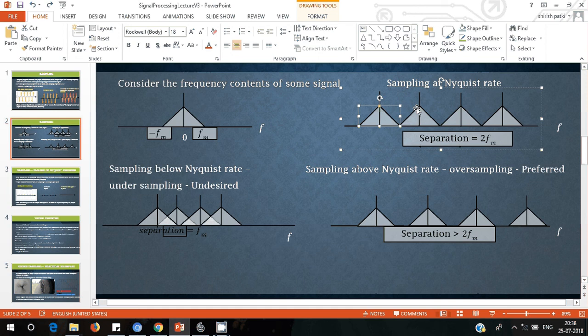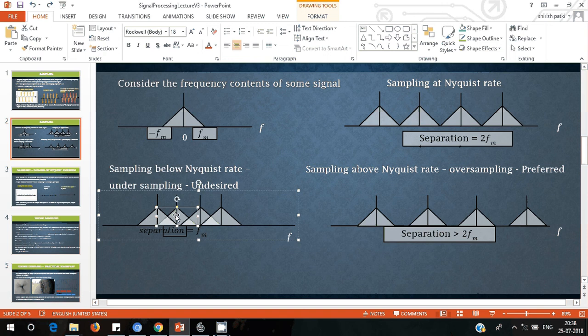So let us see what happens if you are sampling below the Nyquist rate or 2 FM. So this is the case. Here, we are sampling the signal with a frequency equal to the signal frequency. We are sampling with a frequency FM, not 2 FM. So in this case, this overlaps with the next one, this overlaps with the next one.